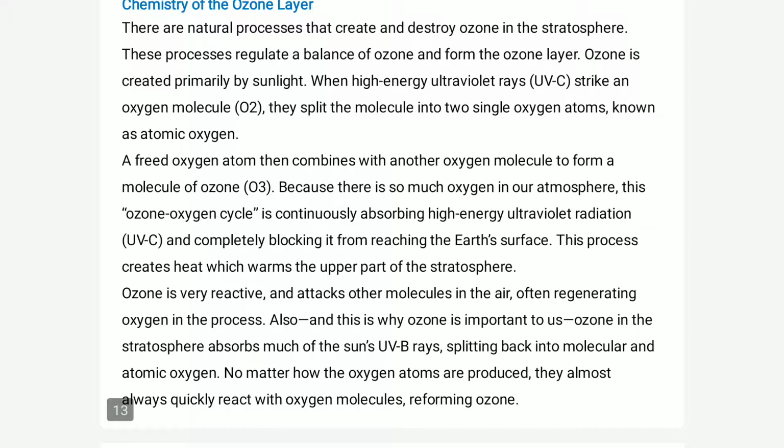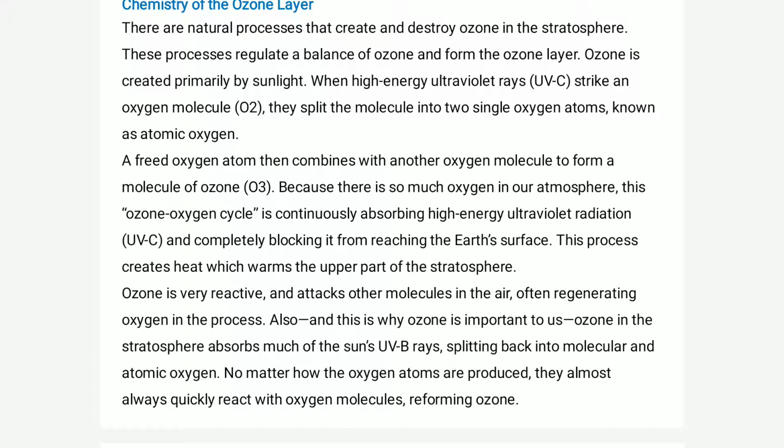Because there is so much oxygen in our atmosphere, this oxygen-ozone cycle is continuously absorbing high energy ultraviolet radiation, UVC, and completely blocking it from reaching the Earth's surface. This process creates heat which warms the upper part of the stratosphere.